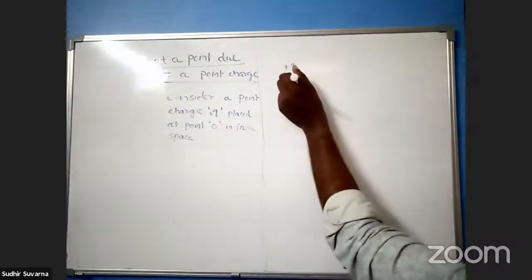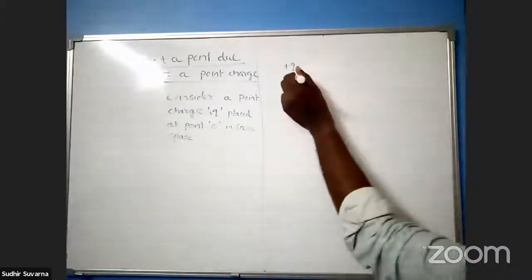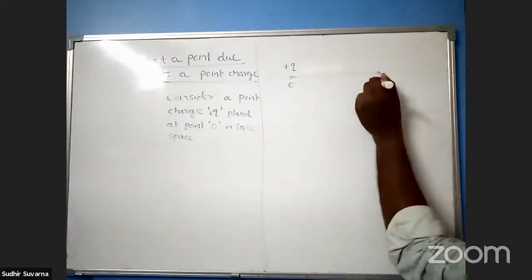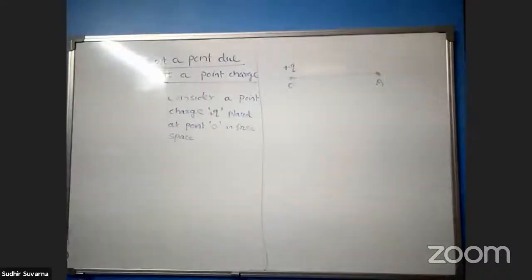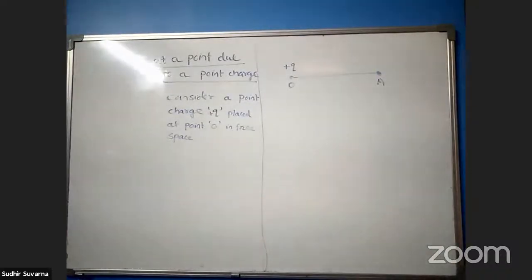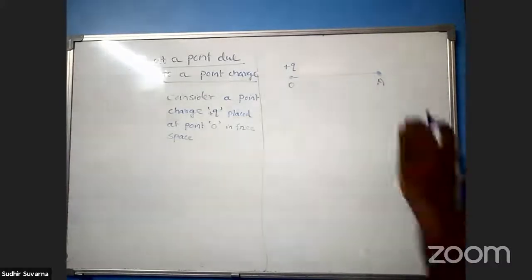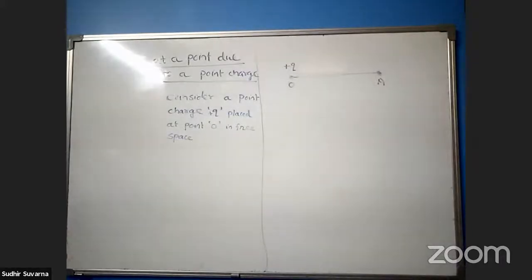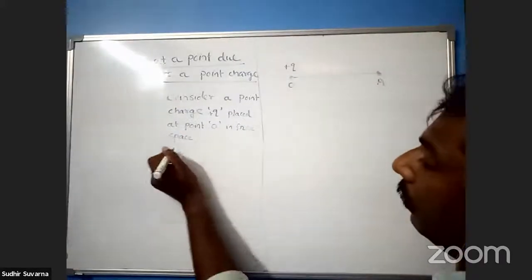Now at some distance, obviously in free space, you will consider one more point, let it be A. So at point O you have charge plus Q, and at point A you need to find the electric intensity, inside the electric field of the given charge.